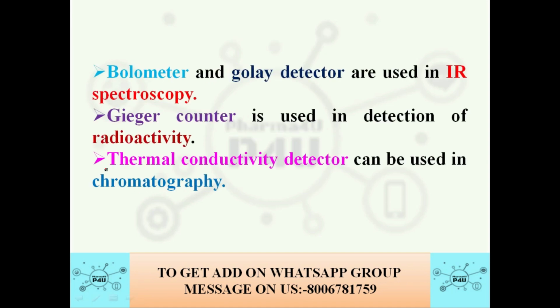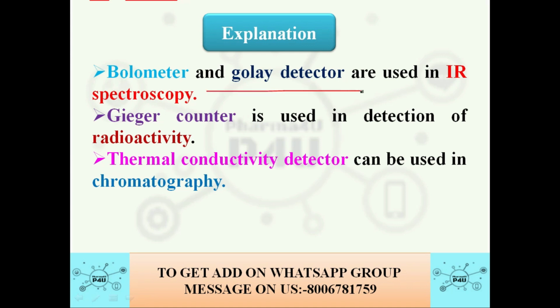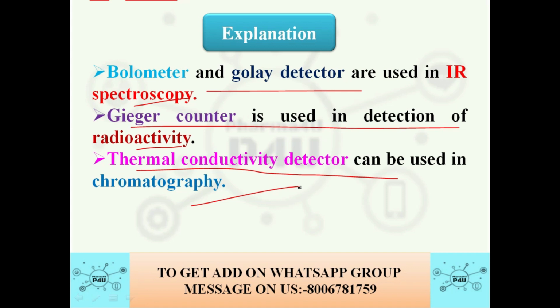So students, let's learn something with the explanation: a bolometer or Golay detector is used in IR spectroscopy, whereas a Geiger counter is used in the detection of radioactivity, and a thermal conductivity detector can be used in chromatography. So students, this is all about this video.